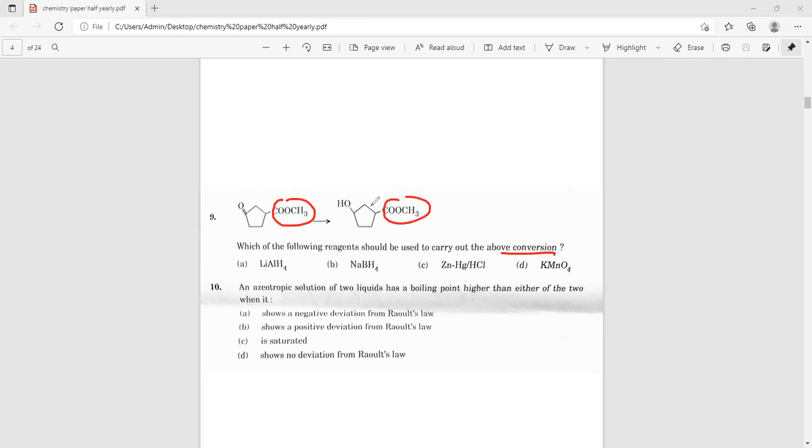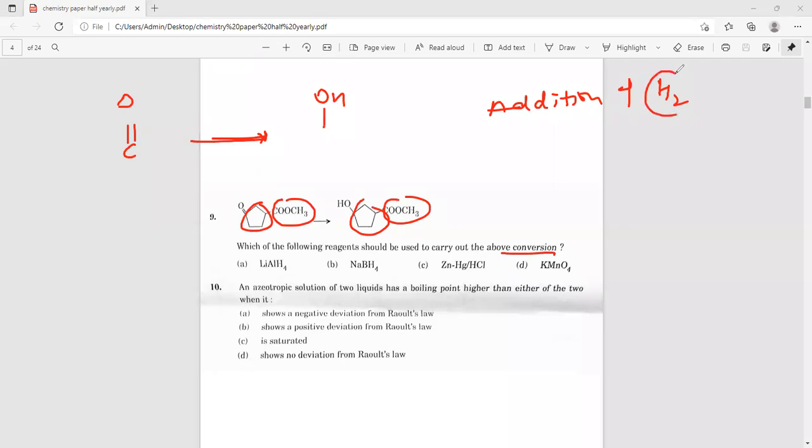That change is that ketone is converted into alcohol. OH group is there. OH means addition of hydrogen. Addition of hydrogen is there.